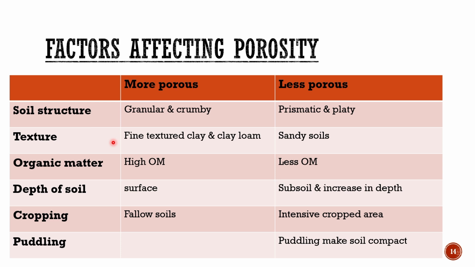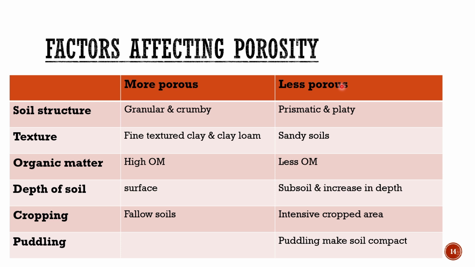When it comes to soil structure, granular and crumbly structure is more porous, but less porous are prismatic and platy. When it comes to texture, fine textured clay and clay loam are more porous, while sandy soils are less porous.